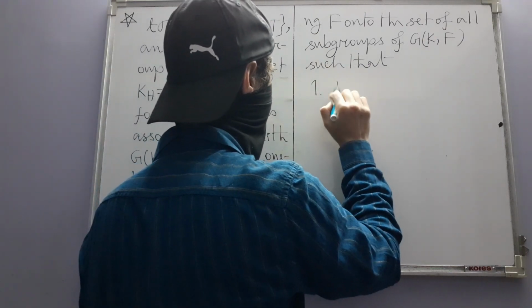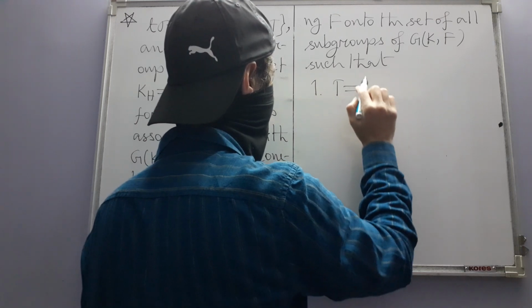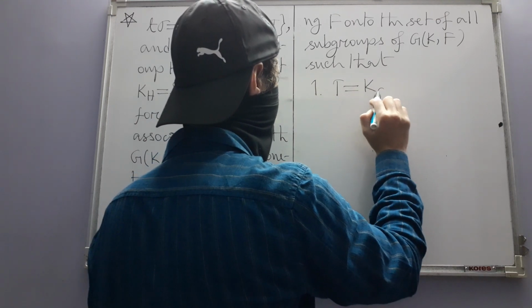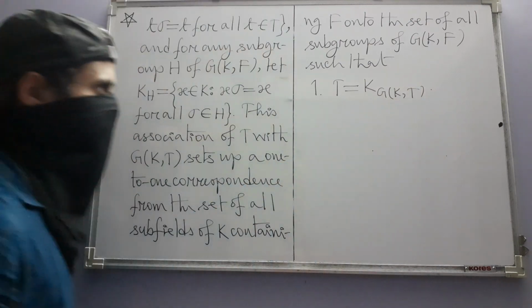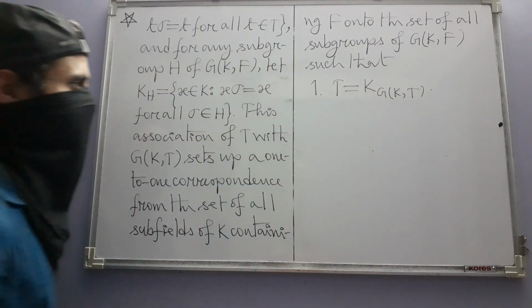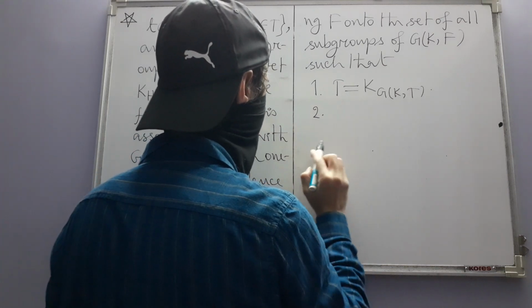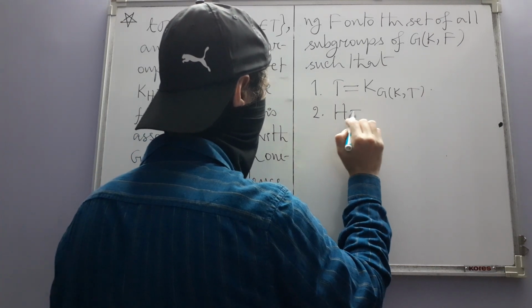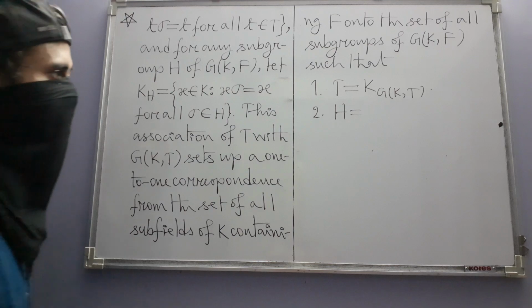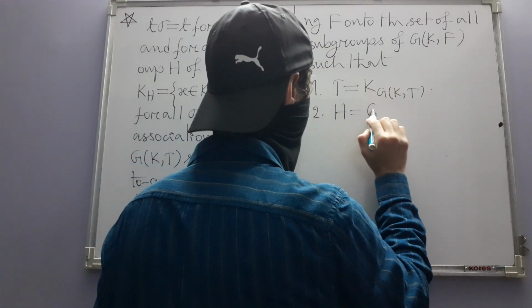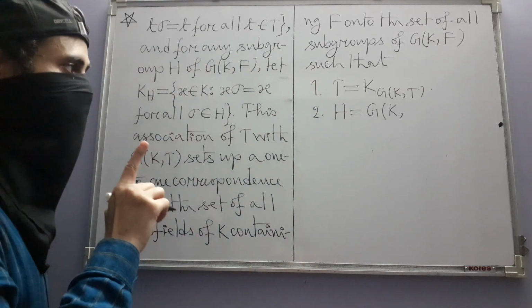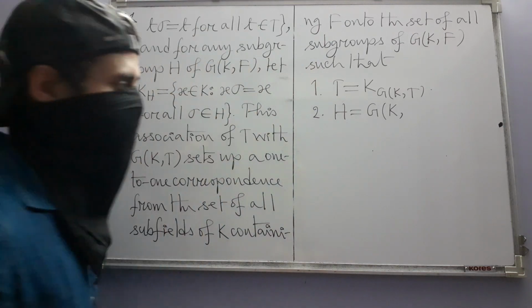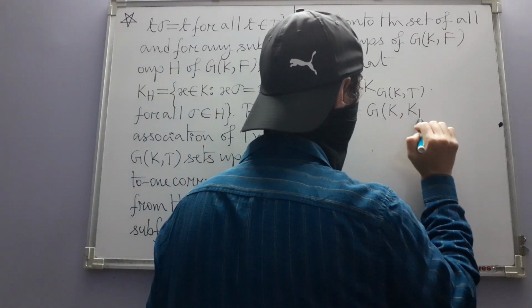Number one, the subfield T turns out to be equal to the fixed field of the group G(K, T). Okay, so that is one thing. The second one is that the subgroup H turns out to be equal to the group G of automorphisms of K relative to the fixed field of H, that is K_H.